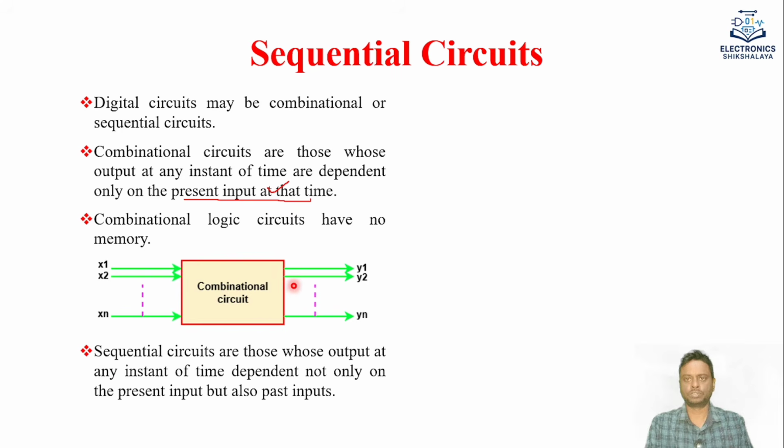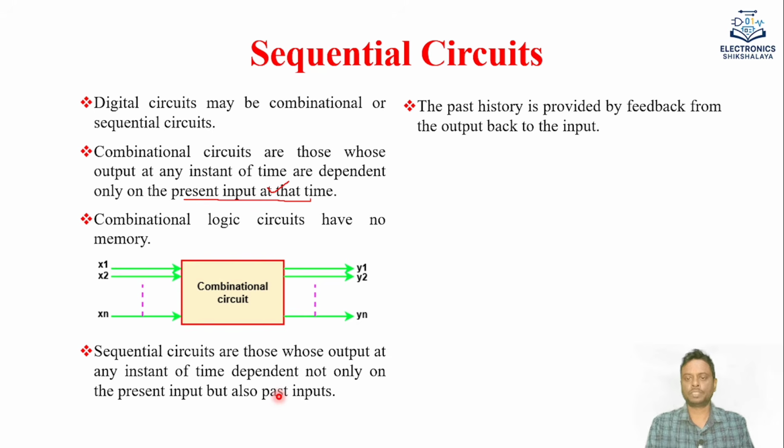But in the case of a sequential logic circuit, the output at any instant of time depends not only upon the present input but also on the past history of the inputs. So how do we get the past history of the inputs? The past history is provided by the feedback from the output back to the input.